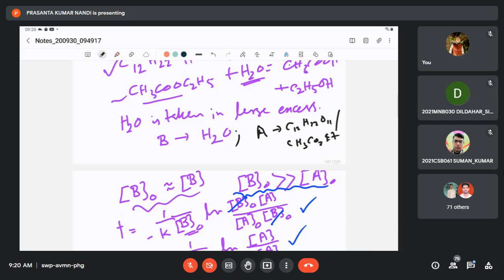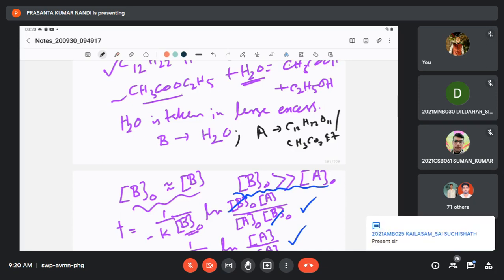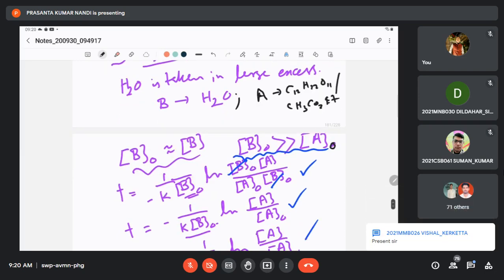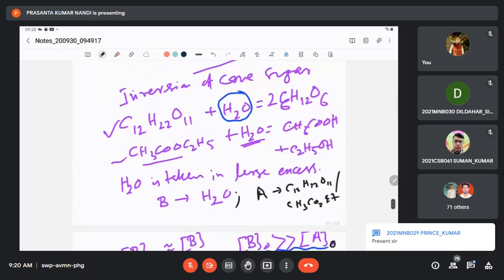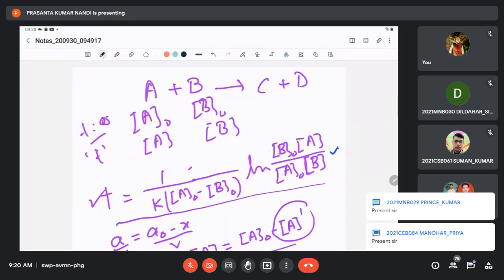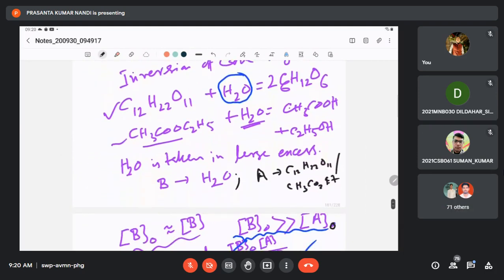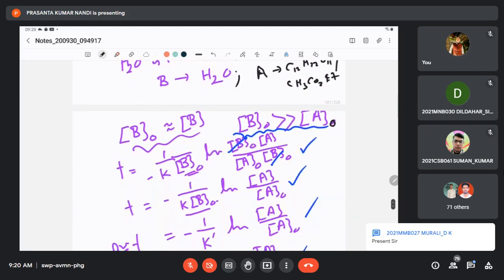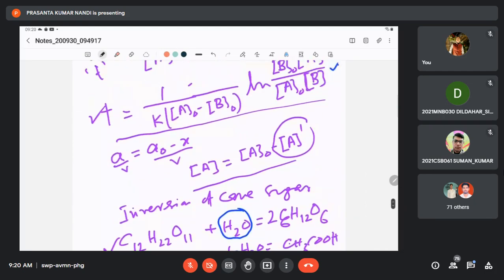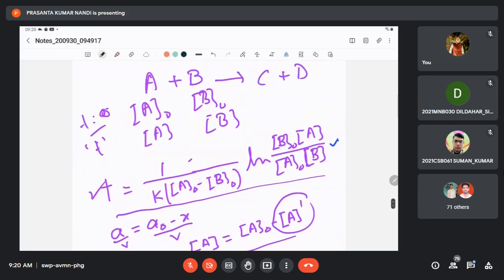So we can write B0, this is the initial condition, that is B0 is much greater than A0.